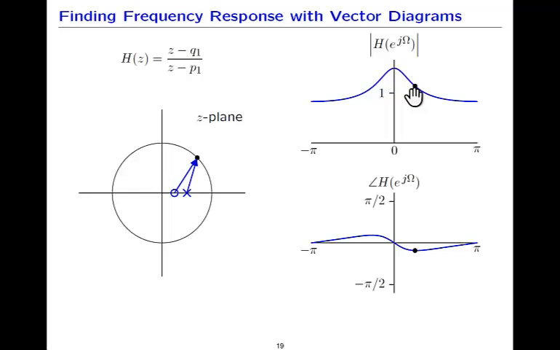Now what about the phase? Well, what you need to do is take the phase of z minus q1 and subtract the phase of z minus p1. Now what's the phase of z minus q1? Well, that's this angle from, I don't know if I can show this clearly, but see this vector here, from the 0 to the point. The phase of the numerator is going to be that angle.